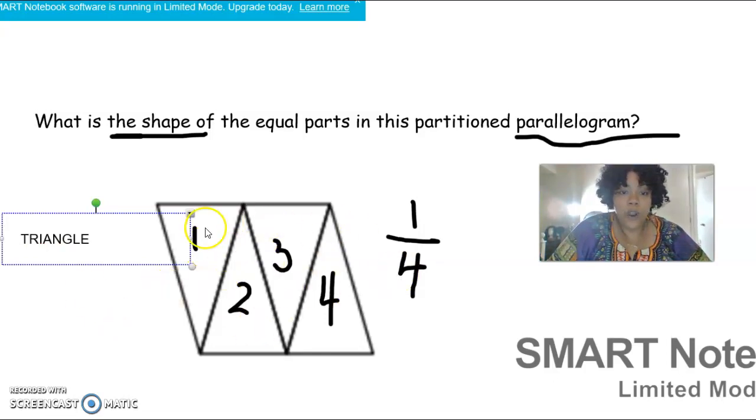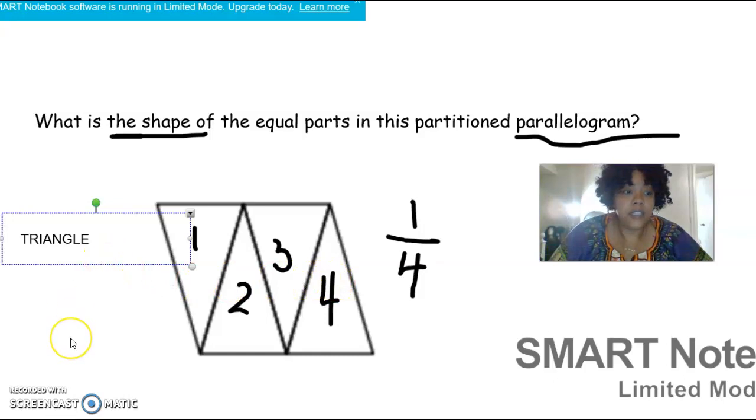These 4 parts are all in the shape of a triangle. Now, your choices were triangle, square, and circle. So hopefully you chose triangle for that problem because each of these 4 parts is in the shape of a triangle.